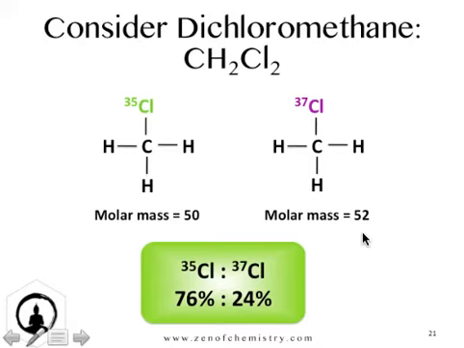Because of the relative abundances, 76% and 24%, the chlorine-35 peak is going to be about 3 times larger than the chlorine-37 peak. So the mass-charge ratio 50 is going to be about 3 times the size of 52.